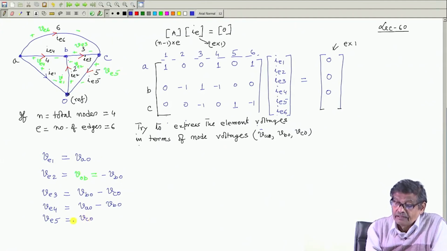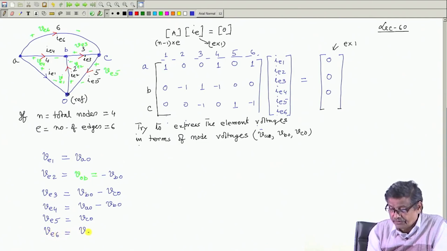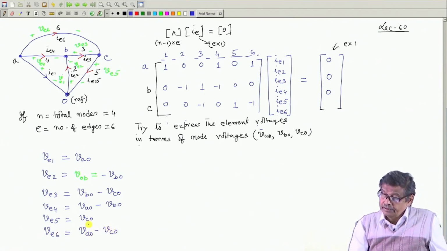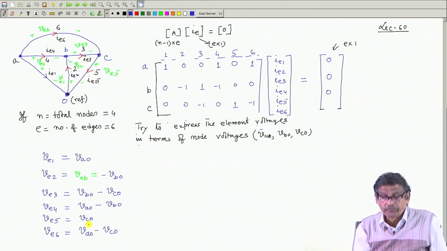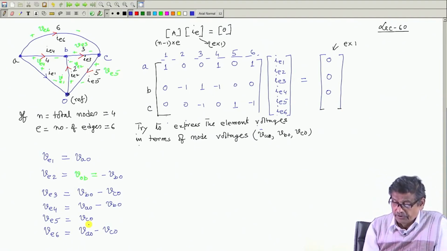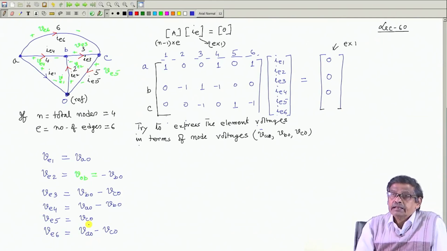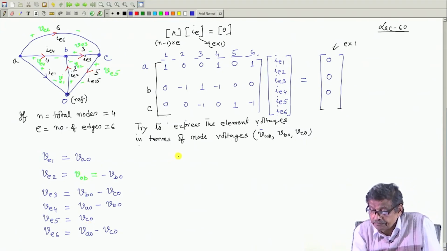And finally, VE6 will be VA0 minus VC0. So, we have been able to express the element voltages V1, V2, V3 in terms of the node voltages VA0, VB0, VC0. Now, this whole set of 6 equations can also be written in a nice matrix form like this.